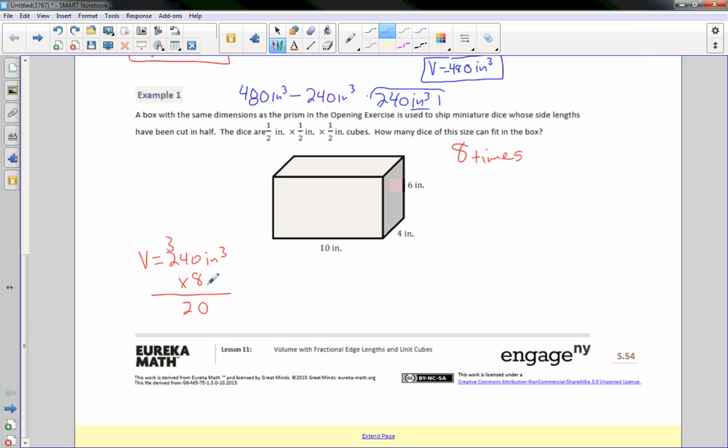So if I do that, 8 times 4 is 32, 8 times 2 is 16, plus 3 is 19. It would take 1,920 1/2 inch cubes to fill it. Okay. So it is 8 times as many cubes, even though we only cut a cube in half.